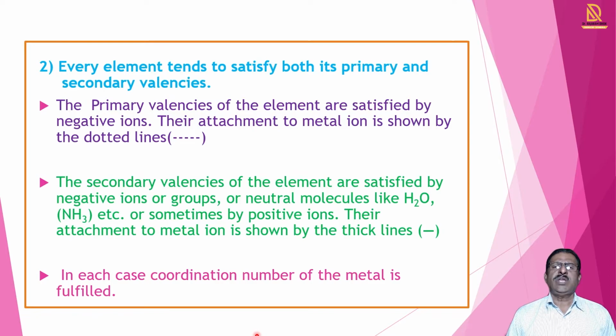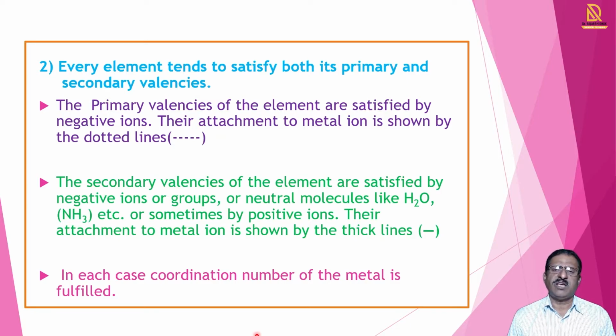Now, when these valencies are shown, how are they shown? For that purpose, they showed the primary valency, which is satisfied by that metal, and the secondary valency.